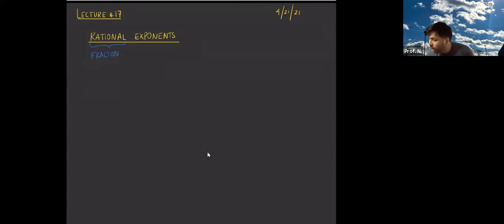Okay, so let me give you an example. What if I have 27 raised to 2/3? How do I evaluate 27 raised to 2/3? So one thing I could do is I can rewrite the power.